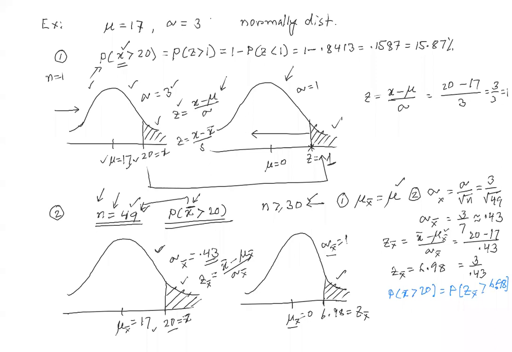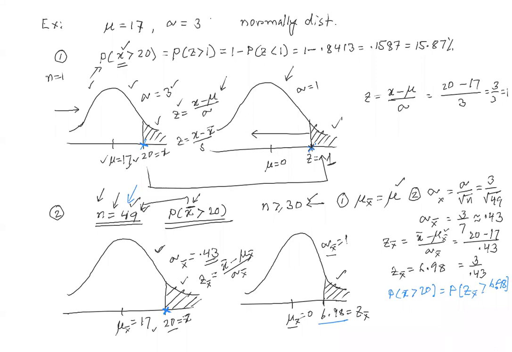When we consider 20 for one person, we just moved one standard deviation to the right. However, when we are considering the average of 49 people, their average being beyond 20 is like moving almost 7 standard deviations away, which is way out there for normal distribution. Chances of that happening is extremely small. So keep that comparison in mind. And that's why I use the same numbers.